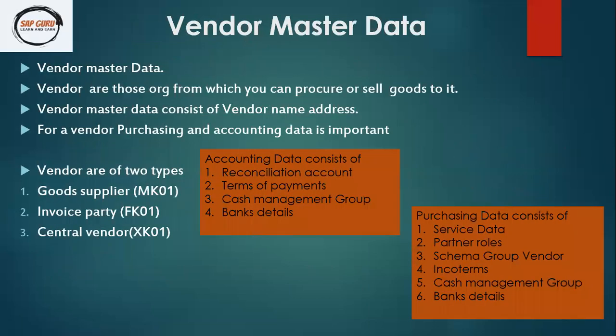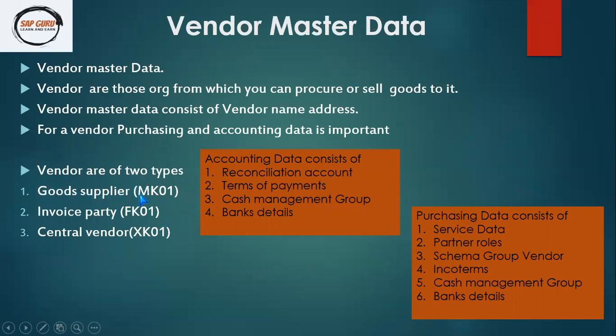I don't want to go with this screen because we already know the vendor master data, we are well versed with it. So quickly we can recall the things here. What all things are there in the vendor master data? What are the T codes we are using for the different levels of creation of vendor master?